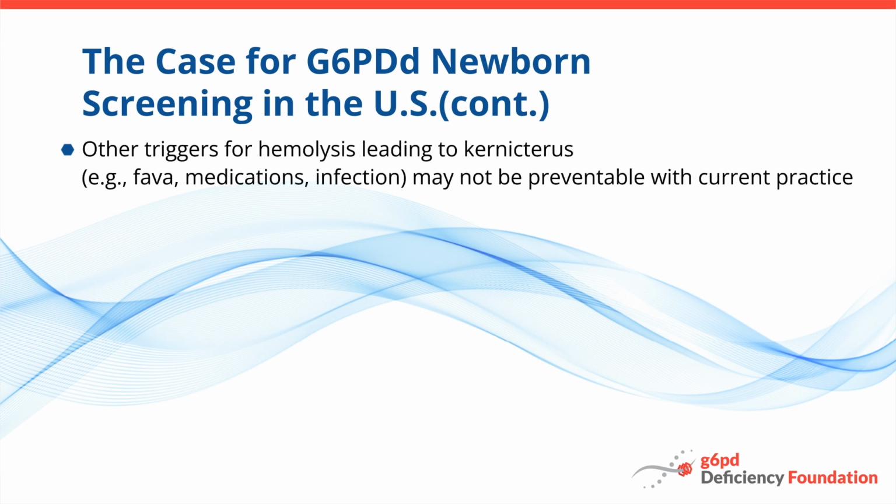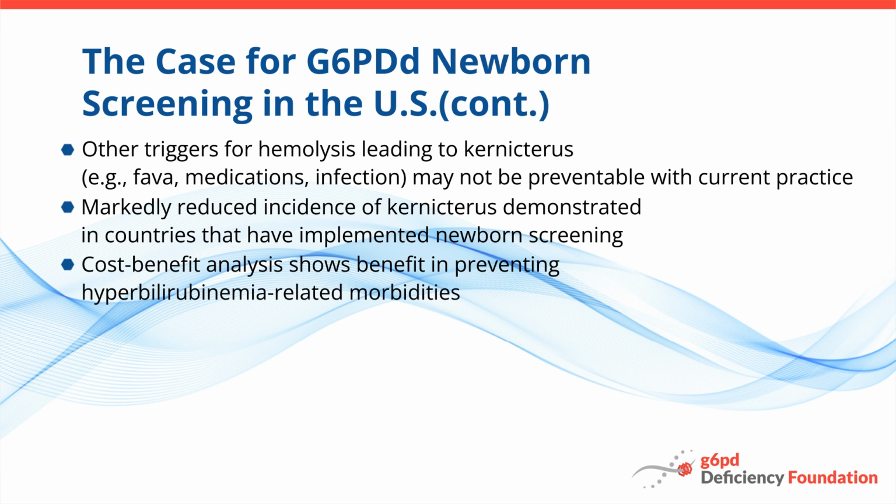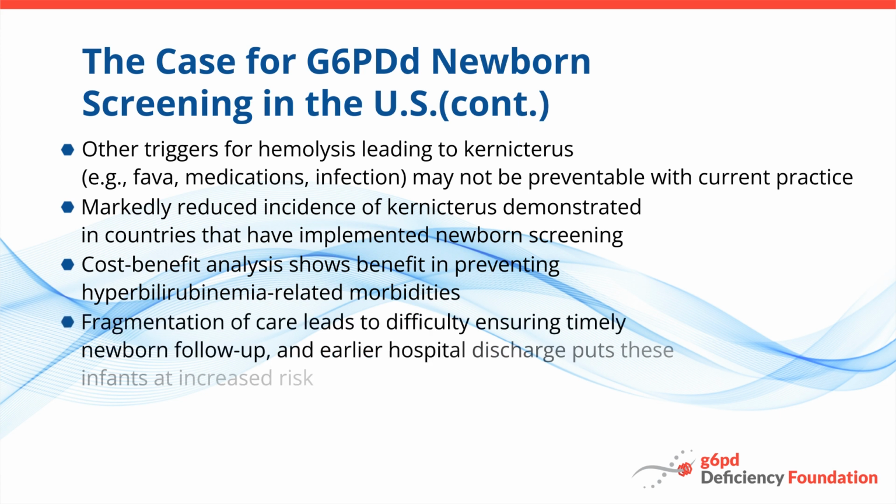Other triggers for hemolysis, such as foods, medications, and infections, may not be avoidable or preventable. The incidence of kernicterus in countries with newborn G6PD deficiency screening is demonstrably lower. An analysis of the cost-benefit ratio supports that early detection of G6PD deficiency is beneficial fiscally, and fragmented care and early discharge puts the infant at increased risk.